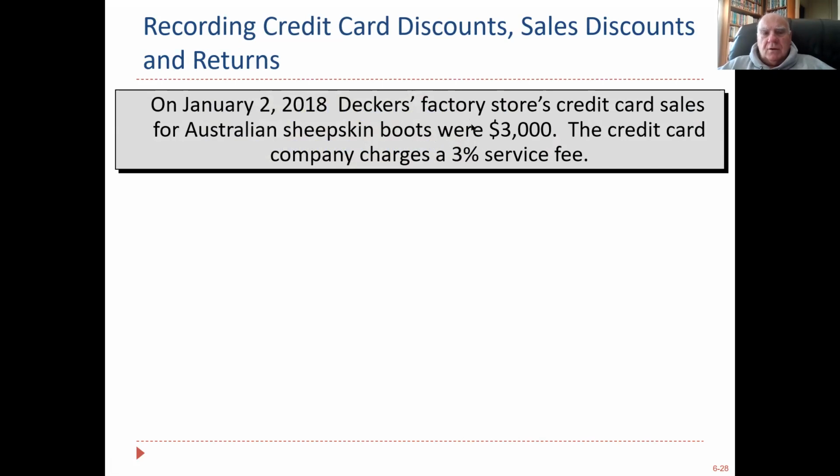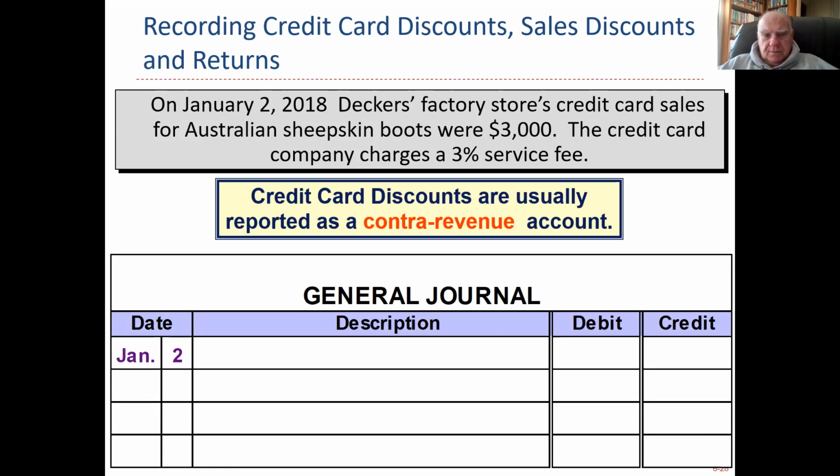Decker's credit card sales for sheepskin boots were $3,000. The credit card company charges 3% service fee. Okay, so they had a sale. And remember, contra discounts are always reported as a contra revenue account.